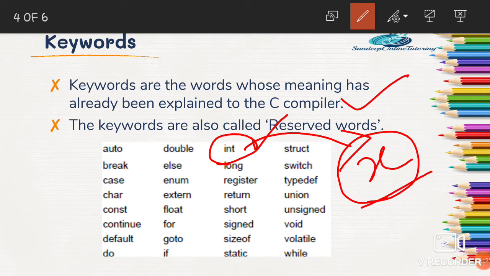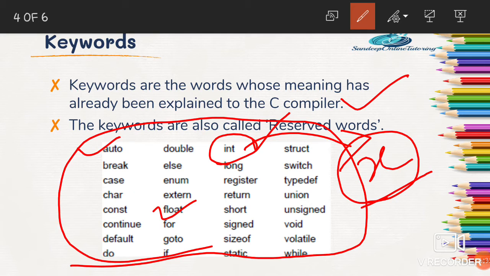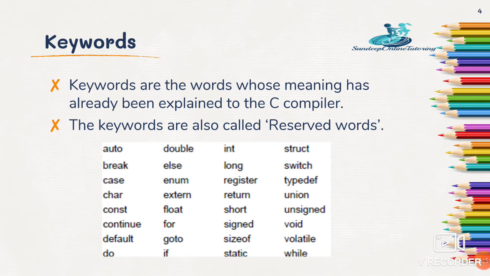So int is a predefined word, auto is a predefined word, float is a predefined word. These are the predefined words available in C programming. The user cannot use these names for their own purpose.